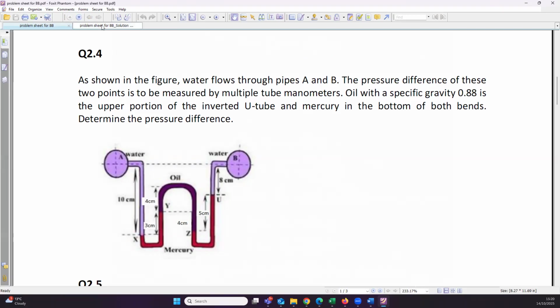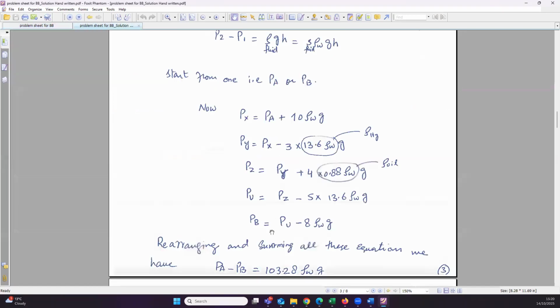Okay. And now what you have to do is simplify these equations, like you did in school algebra, where you sum all these terms, or write all these equations in the form of Pa minus Pb.